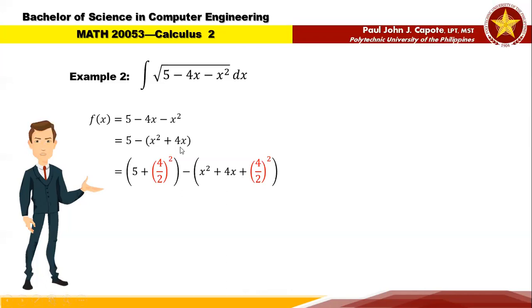Now to apply the completing the square method, we get half of this 4 and square it, and then add the result to the first square and to the second square. And so we have 5 plus half of 4 squared minus x squared plus 4x plus half of 4 squared.